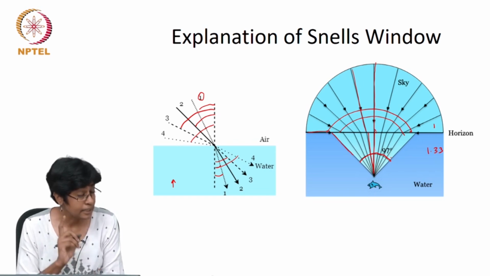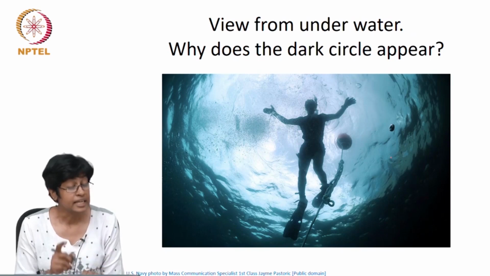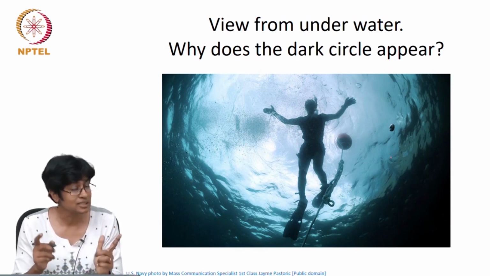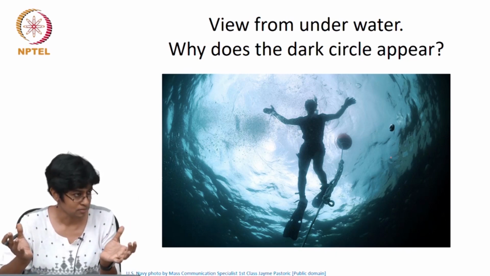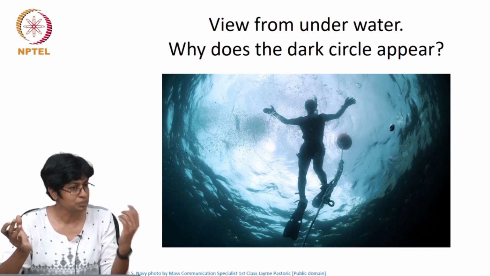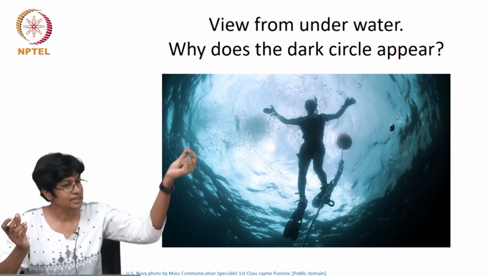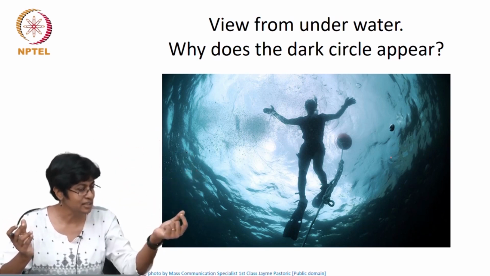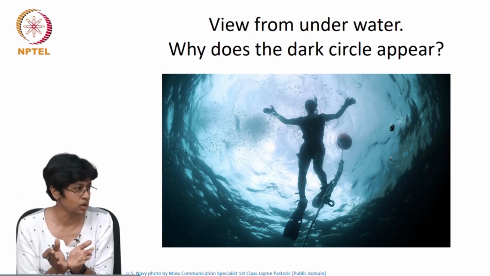So be very, very careful with what you're seeing. The dark circle doesn't mean that you have cut off anything in your image. It's not that light is blocked. All you're saying is that because of Snell's law, the light that comes in at 90 degrees gets bent and comes into the water at a smaller angle.